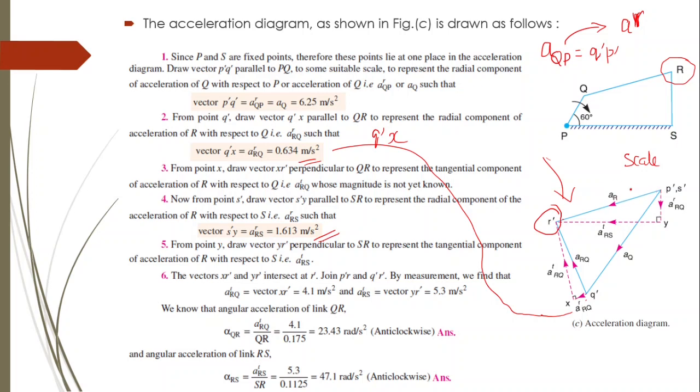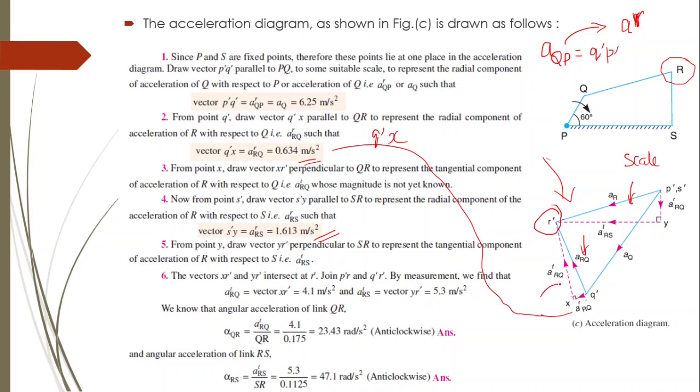This value is the resultant of the radial component and tangential component, and similarly the magnitude of the acceleration of R with respect to Q is the resultant of its radial component and tangential component.